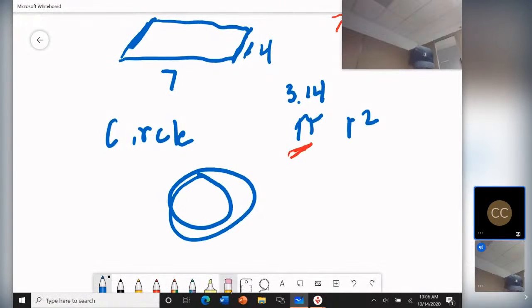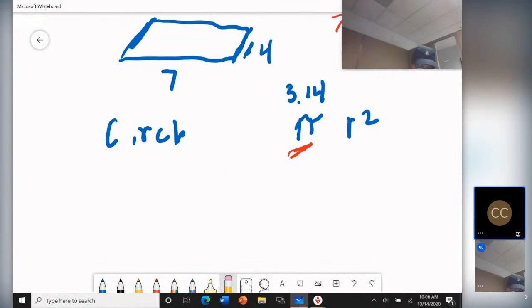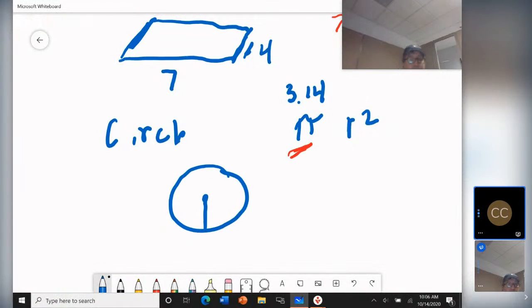Let me do that a little bit better. And the radius is going to be a line that goes halfway through the circle. So let's say this radius is 4.